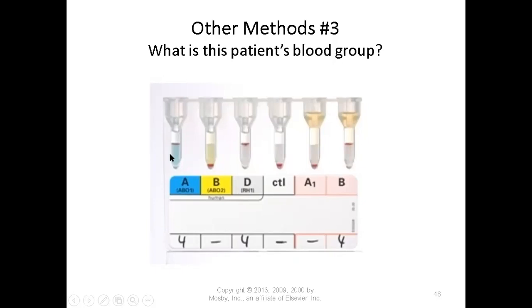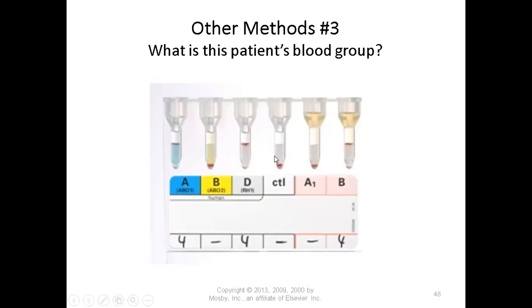And so basically, we have our forward grouping. Okay, remember forward grouping, we're using known anti-sera here, anti-A, anti-B, and anti-D, to find out which antigens, if any, the patient has on their red cells. Okay. The control here is a well where we just add the patient's red cells to the patient's plasma.